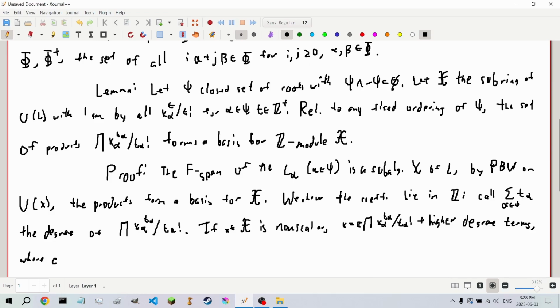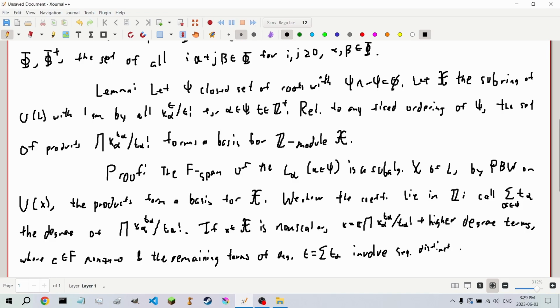Where c is non-zero and the remaining terms of degree t, as the sum of t alpha, involve sequences distinct from our set of t alpha.